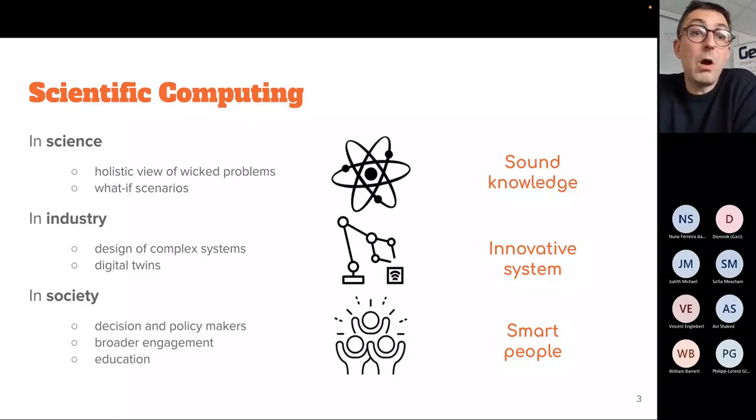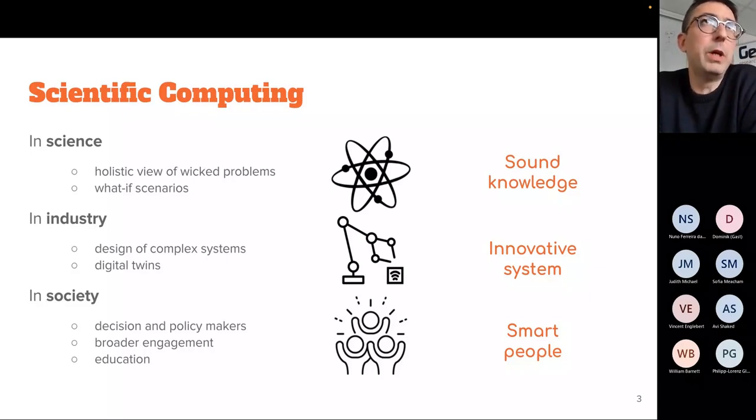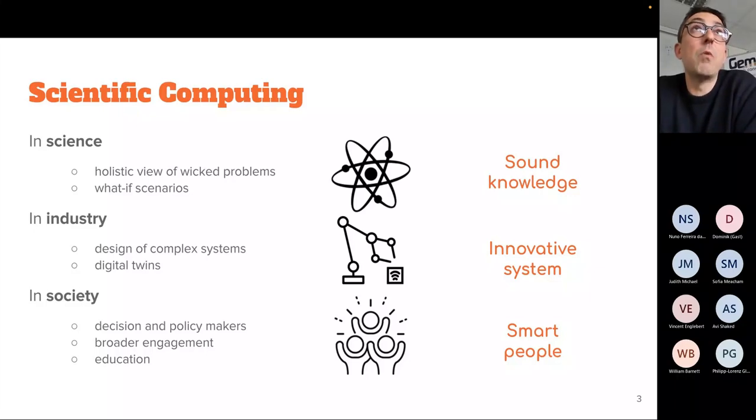And last but not least, we also use scientific computing for society in general, in the sense that it is not only used by scientists or engineers, but more and more by decision and policy makers, so that they can take societal decisions. This means scientific computing is used by different stakeholders, and we have a broader engagement with our scientific models.